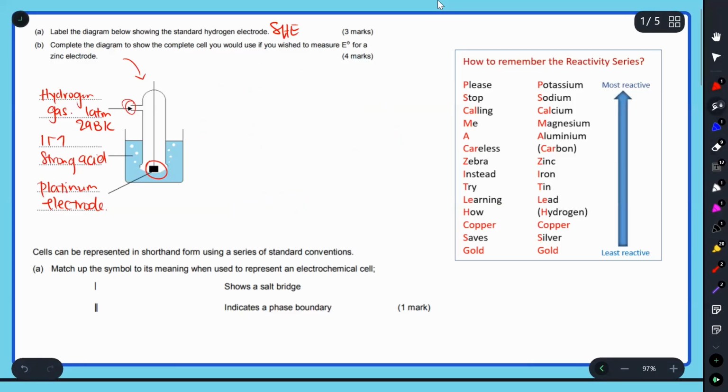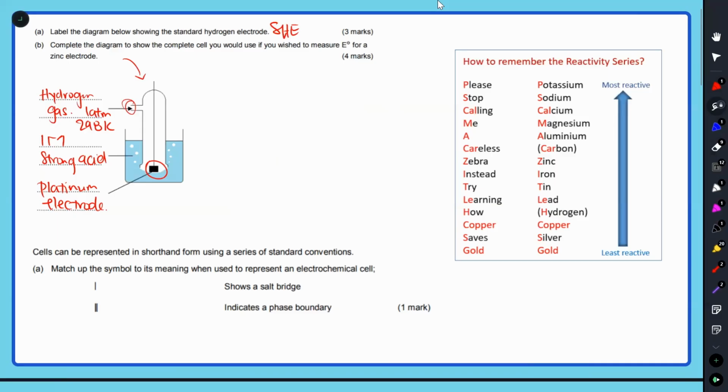I think the biggest concern for students is figuring this out, because when you're doing electrolysis in grade 11, you are used to the cathode being the negative electrode and the anode being the positive electrode.